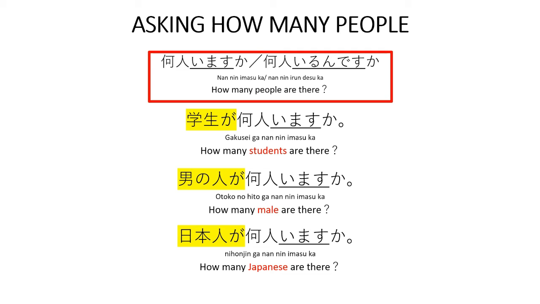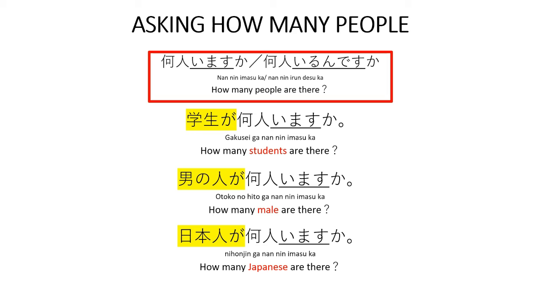Or, 何人いるんですか? If you want to get an answer, 何人いるんですか? But we stick with the first one. 何人いますか? And again, remember to use imas. Okay? Remember to use imas, not aru or arimas.